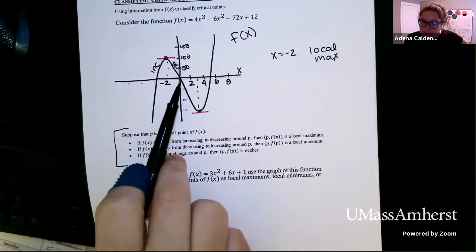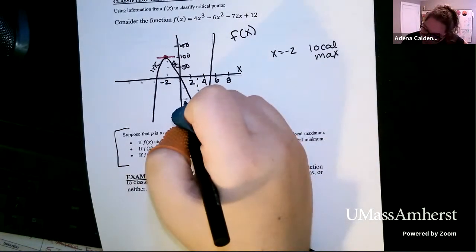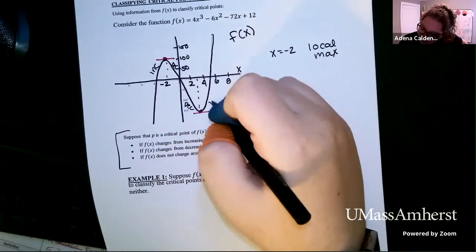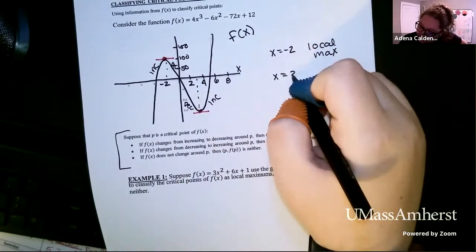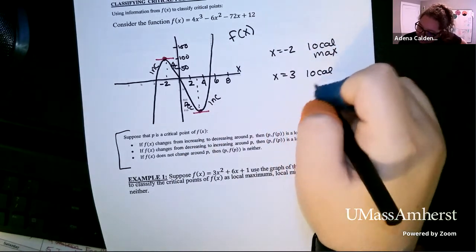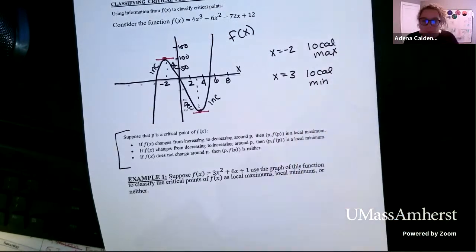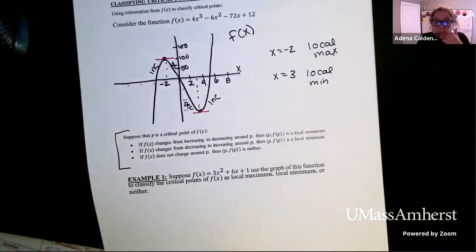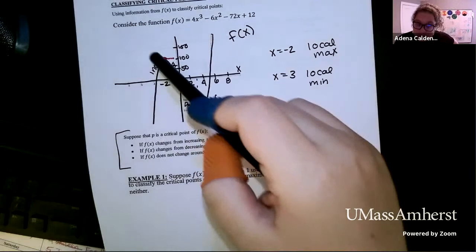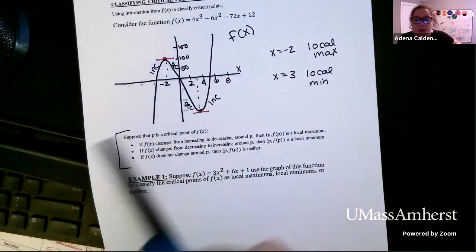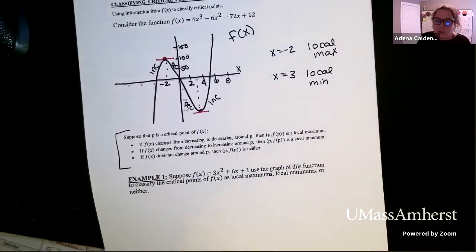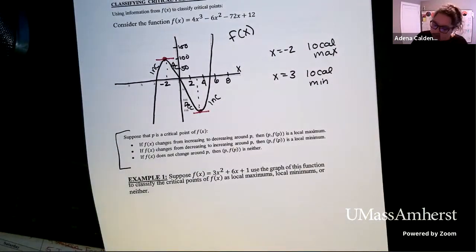If your function is decreasing and then increasing, then you're going to have a local min. So x equals 3 is a local minimum. Okay, so what we're doing is we're literally looking at the picture to see, does it look like a hill or does it look like a cup, to figure out if our critical points are local maxes and mins?